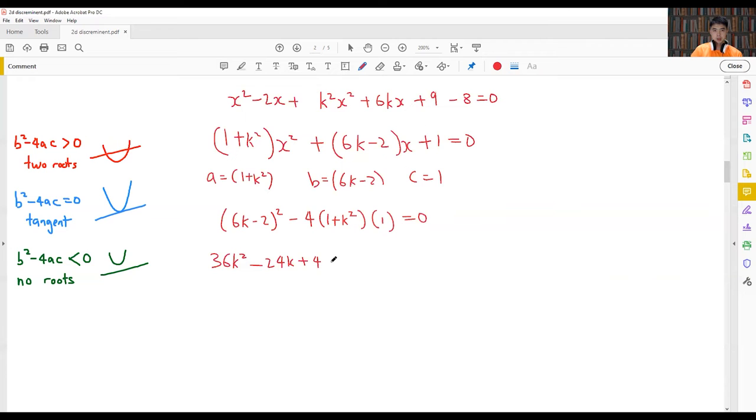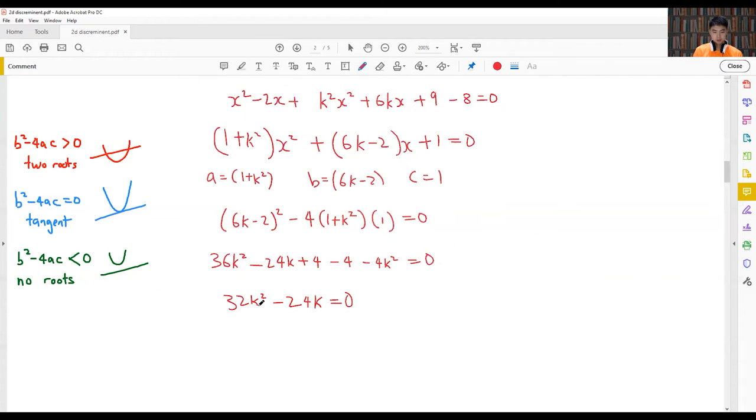Here is going to be minus 4 minus 4k squared equals 0. Okay. Simplify this equation: 32k squared minus 24k, 4 plus minus 4, 0. And from here, solve your quadratic equation using your calculator.